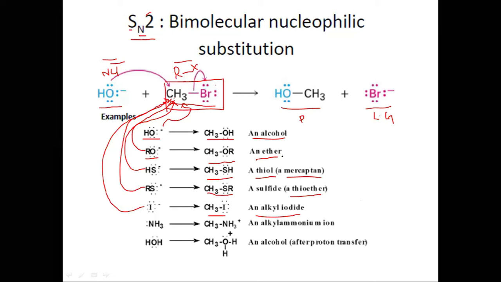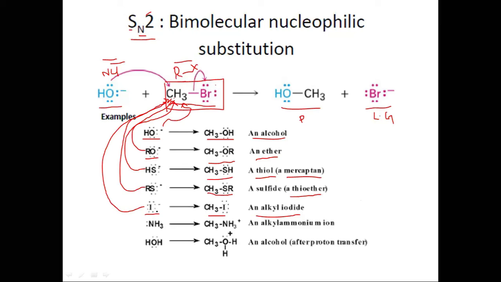This is a halide exchange reaction, or iodide exchange reaction. In this case, you are replacing Br by I minus. If you have CH3Br as the starting material and want to convert it into CH3I, then you need to use I minus as a nucleophile. Then CH3I will be the end product, that is an alkyl iodide.